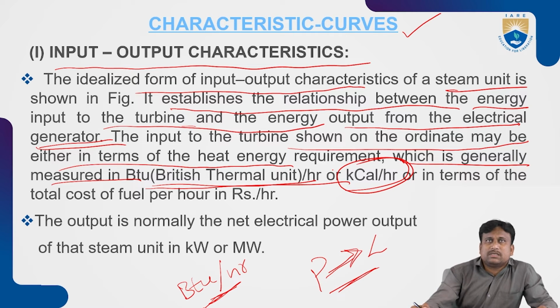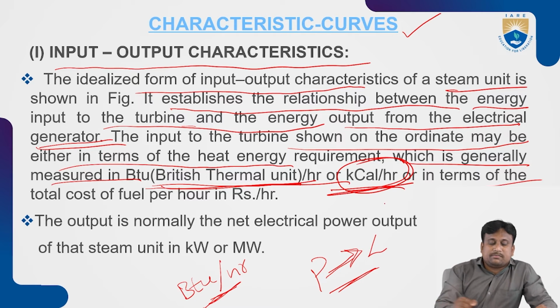This is one of the general measurements for the heat energy requirement. As we generate the heat from the coal in the combustion chamber, the unit measured is British Thermal Unit, or kilocalories per hour.